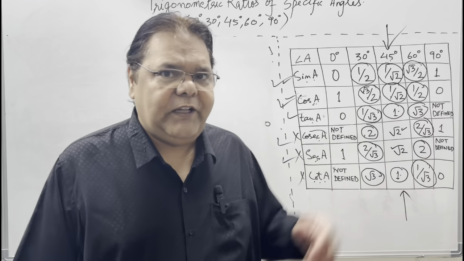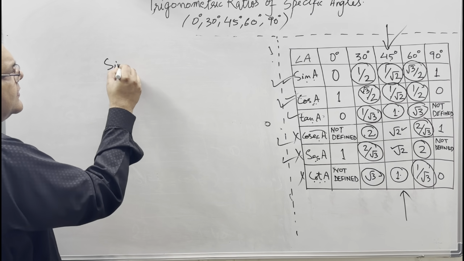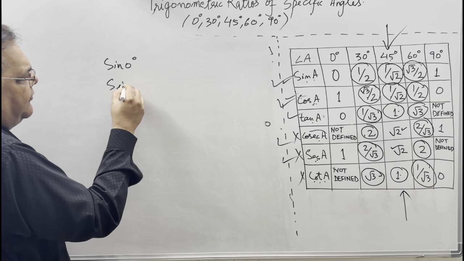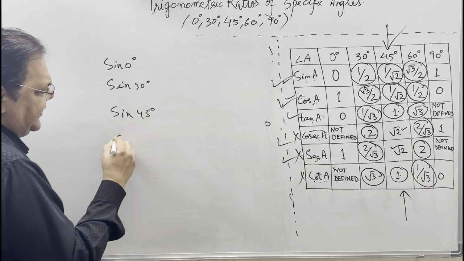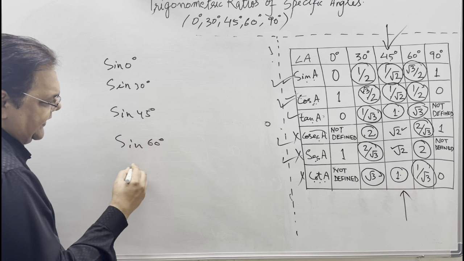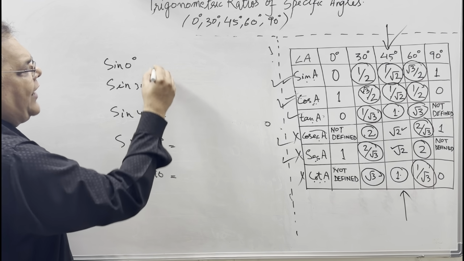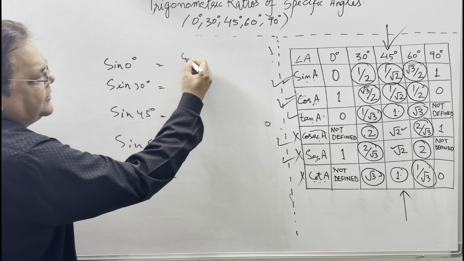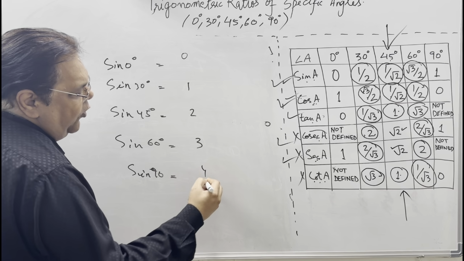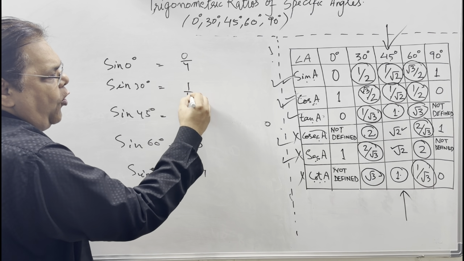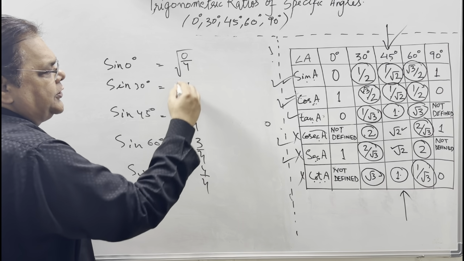Apart from whatever we have learnt, there is a small trick. For sine 0 degrees, sine 30 degrees, sine 45 degrees, sine 60 degrees and sine 90 degrees, to remember these values, just write 0, 1, 2, 3, 4 divided by 4 and take the square root.